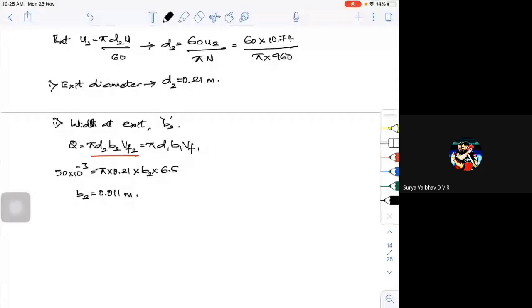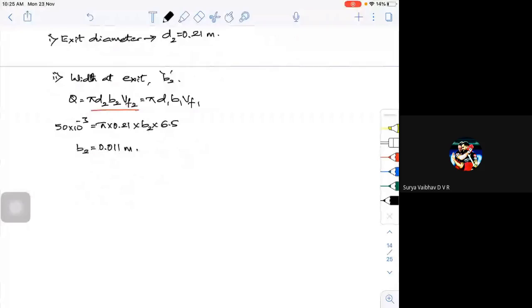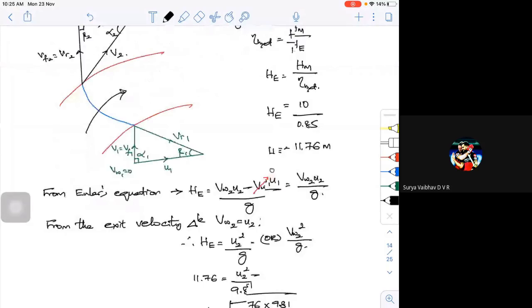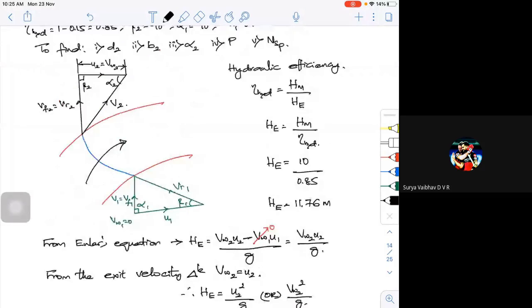What is the third quantity we are supposed to find? The third quantity I need to find is alpha, the alpha at the exit. To find that, I go to the exit velocity and apply trigonometric principles.